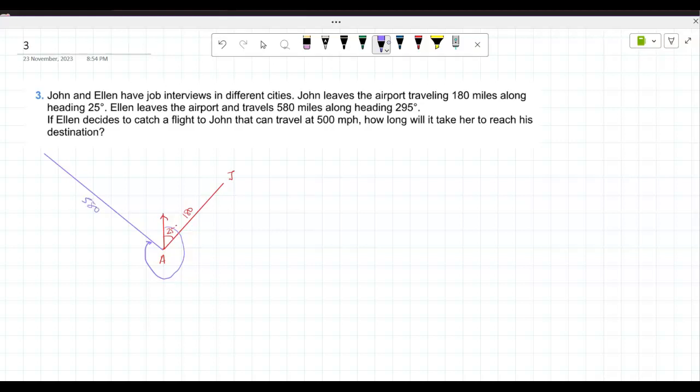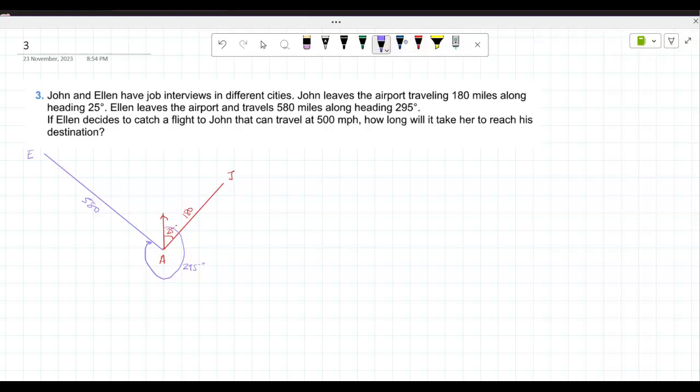So this 580 miles has to be longer than 180, and this bearing is 295 degrees. And this is where Ellen is. If Ellen decides to catch a flight to John that can travel 500 miles per hour, how long will it take her to reach the destination?